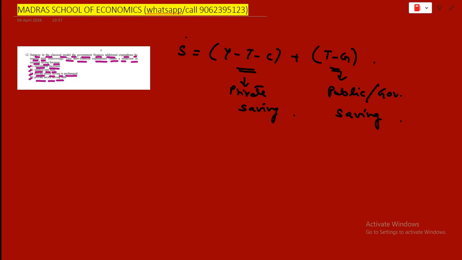Now here is where the classical model gets spicy. In this world we believe in Say's law, that is, supply creates its own demand, and that prices or interest rates are as flexible as a yoga instructor. So in the classical view, private saving depends on the interest rate.